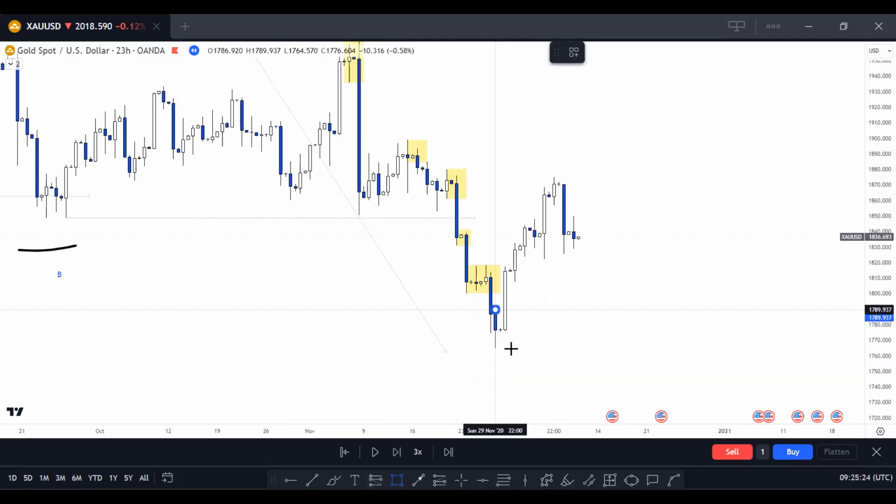And then all of a sudden, I can see just right there, we had the intention. We had the intention that control demand has broken control supply and the price was ready to go bullish.